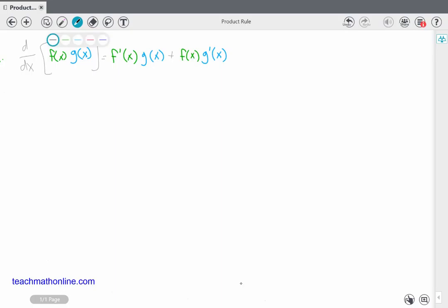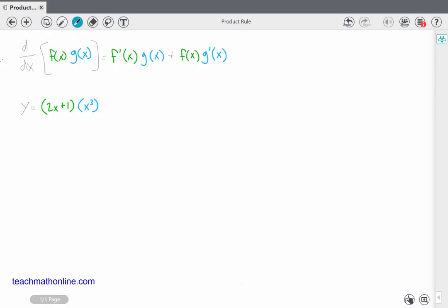So if we were to put this in example form, let's say we have y is equal to 2x plus 1 times x to the third.